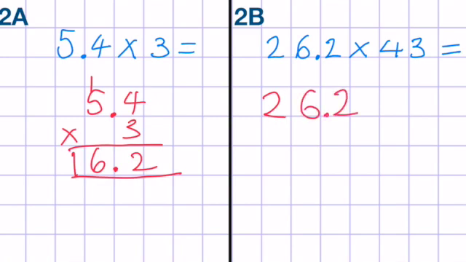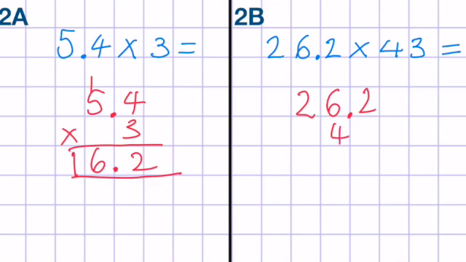26.2 times 43. So we need to get our answer box and we need to make sure that we've got our decimal point in the correct place. I'm actually just going to rub that out. It's a little bit messy, so I'll be a bit more careful this time. 26.2.